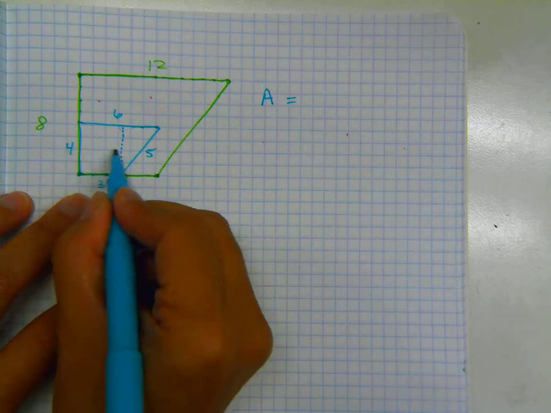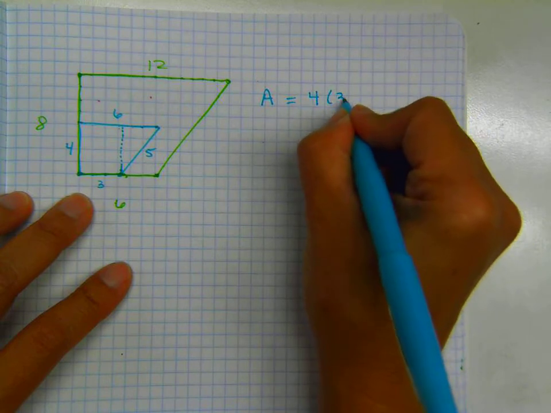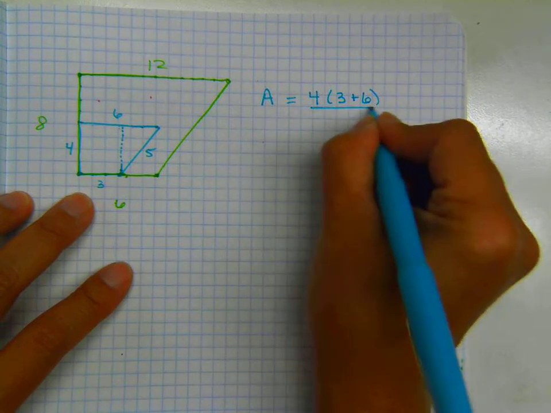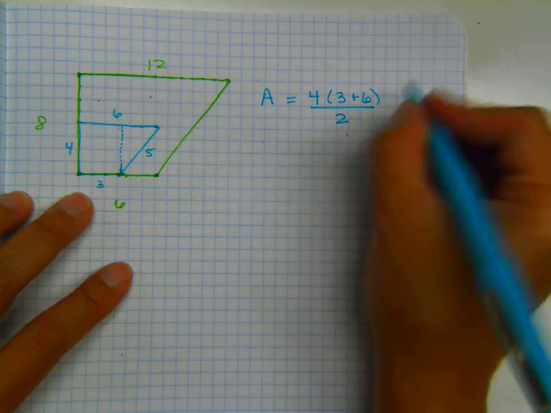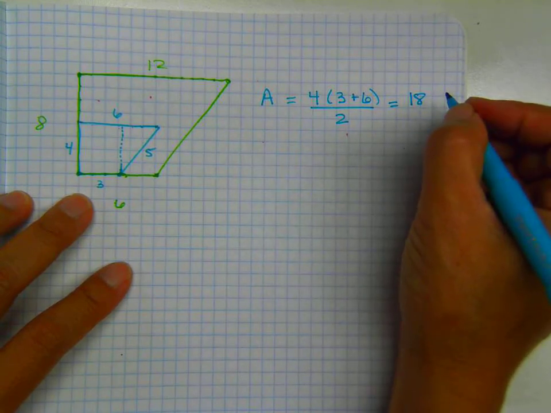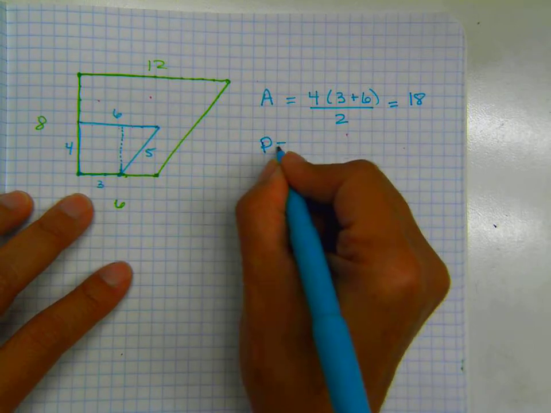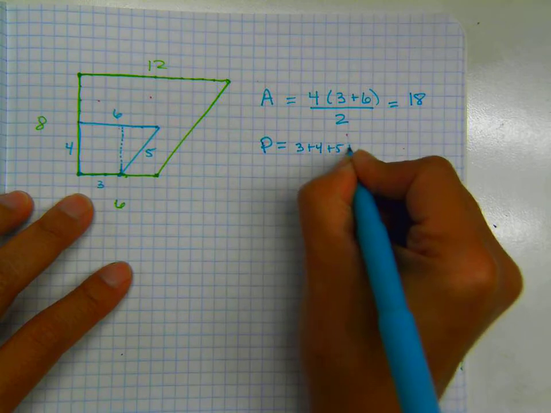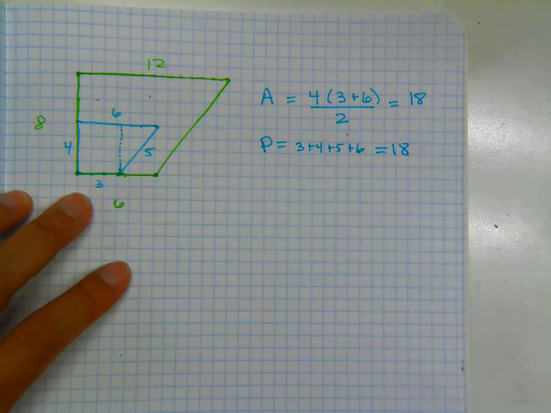If I go straight across, there's 4, so it's going to be 4 times base 1 plus base 2 divided by 2. So 6, 7, 8, 9 times 2 is 18. And did they give me units? Nope. All right, so then we'll go with the perimeter. Just add up all the numbers. 3 plus 4 plus 5 plus 6. So that's going to be 18. Hey, they happen to be the same, huh?